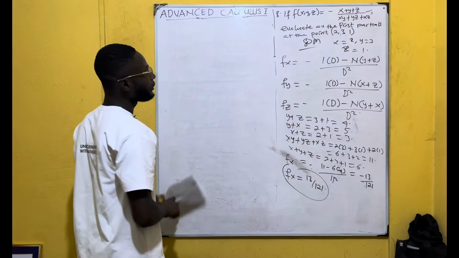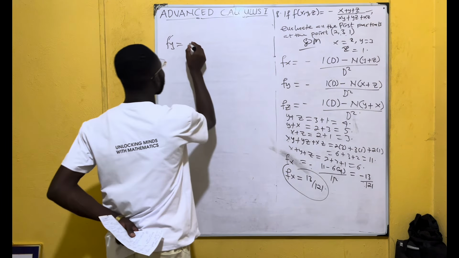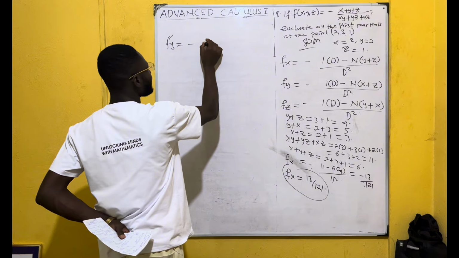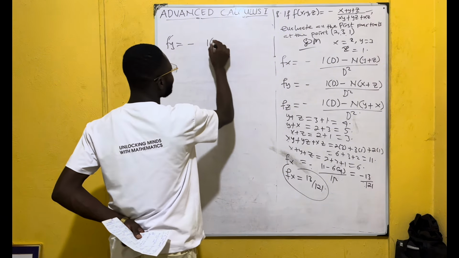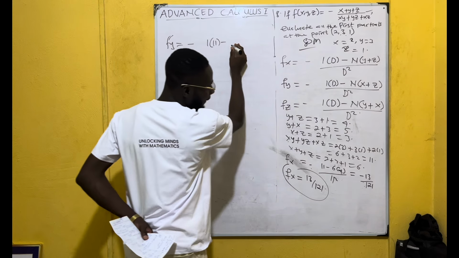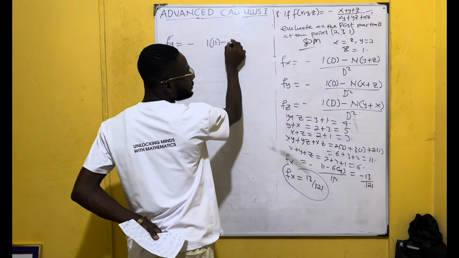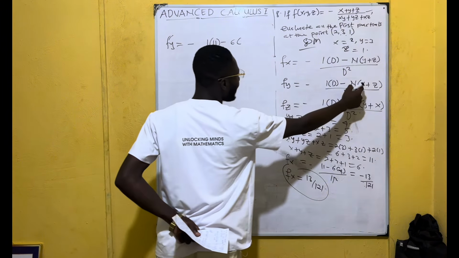So with the fy, you're going to have minus, big minus 1 into the denominator is 11 minus the numerator is 6, 6 into s plus z.